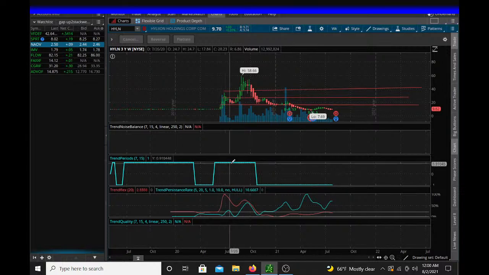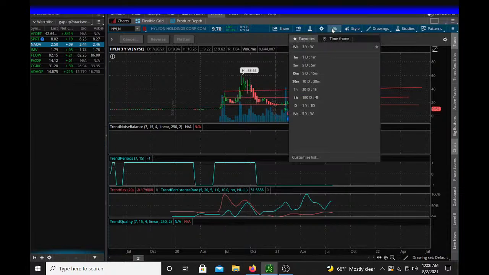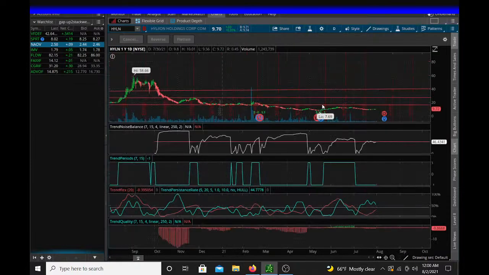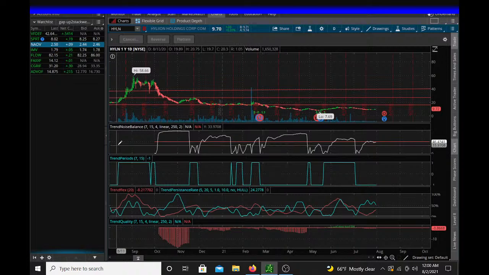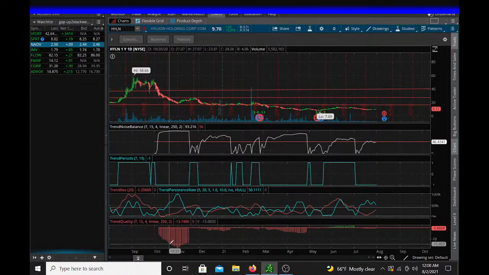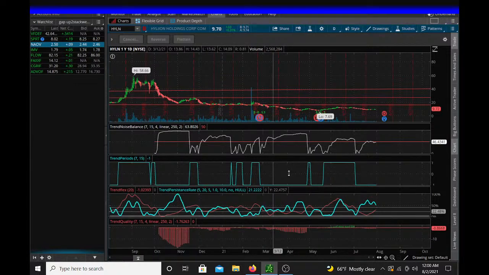It blew up. So we really look at our trend periods here as a possible early entry signal. And it looks like you can certainly see some good swings with it.